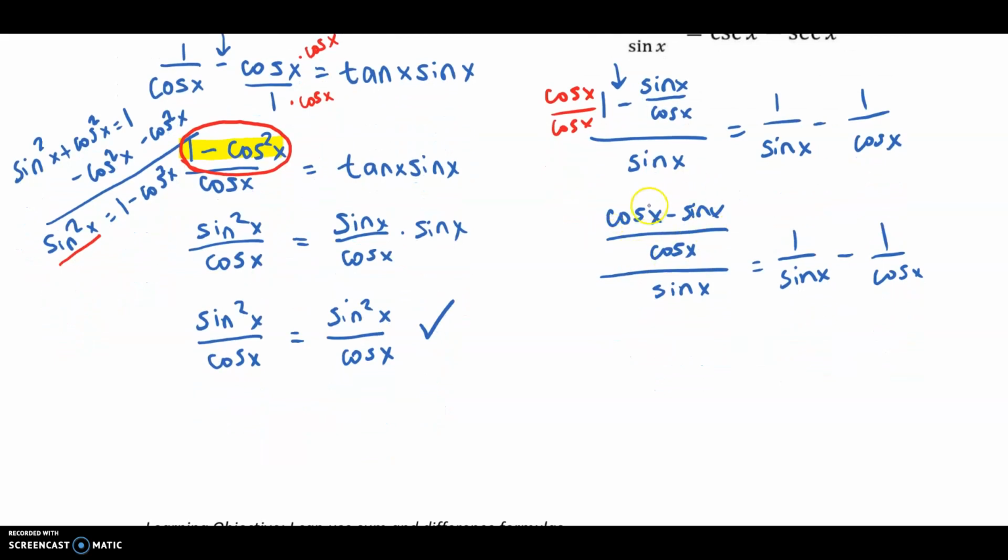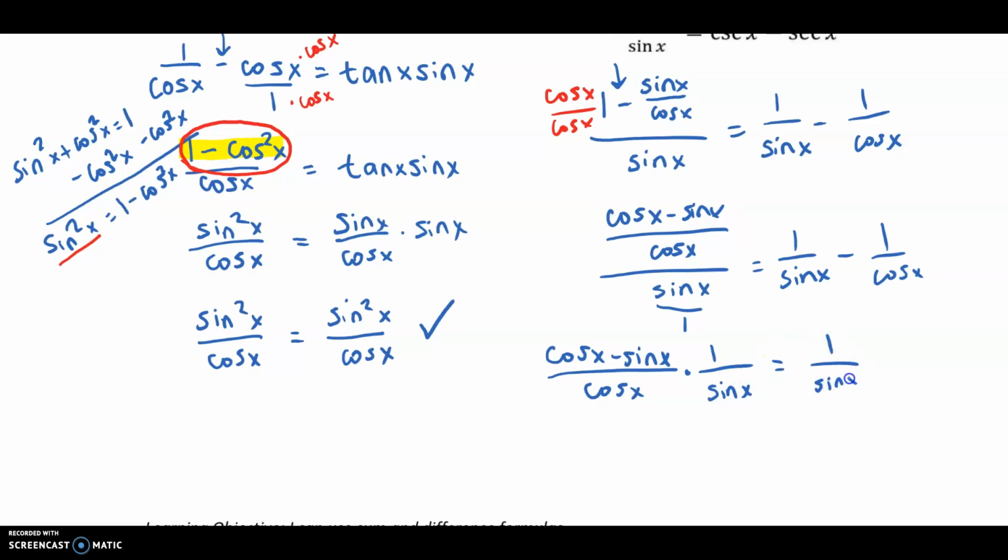I have a fraction being divided by a fraction. So I'm going to change flips. So I'm going to keep the numerator, cosine x minus sine x over cosine x, times, and I'm going to flip this denominator over, so 1 over sine x.